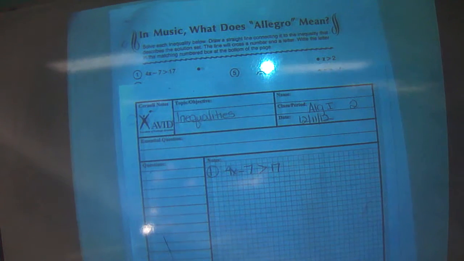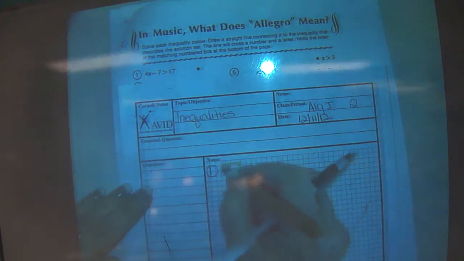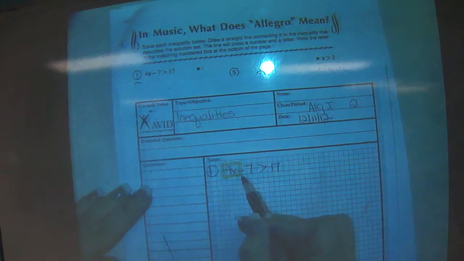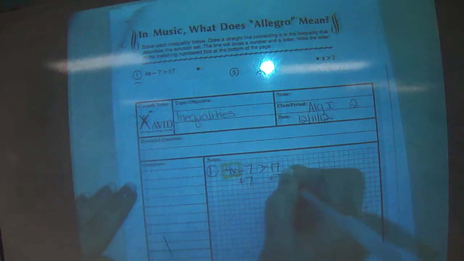First you're going to isolate the variable expression, because this is just a two-step inequality. It's hanging out with negative 7 here. So what are you going to add to both sides? Positive 7. So let's add positive 7 to both sides.